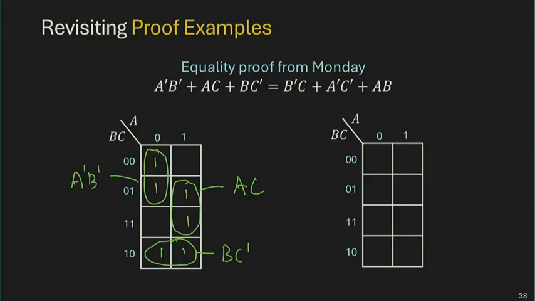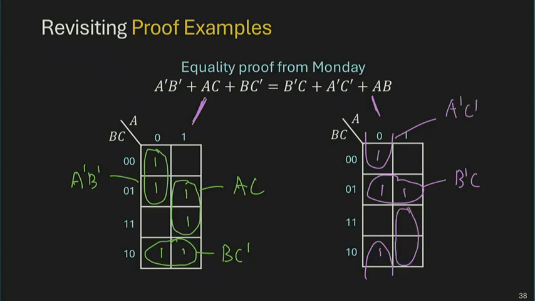On the other side, that is the left-hand side. The right-hand side goes as follows. So B prime C, B equals 0, C equals 1, that's B prime C. A prime C prime, that is a wraparound implicant. A equals 0, C equals 0, which are the top and bottom row, and that is A prime C prime. And then finally, AB.